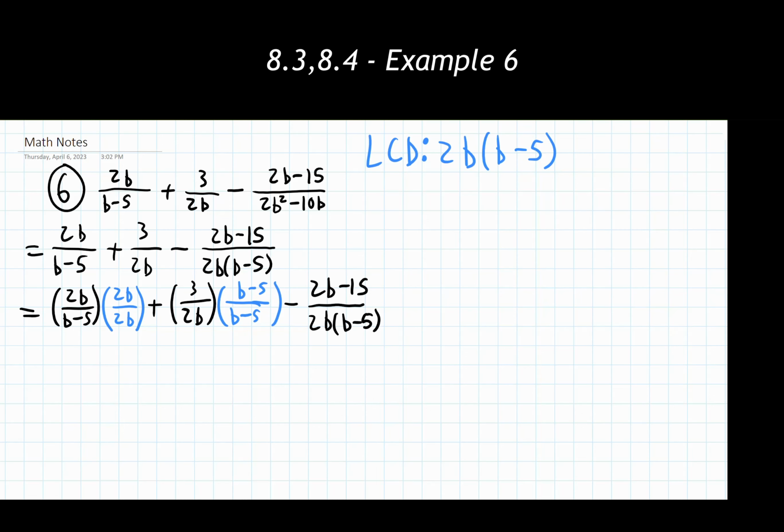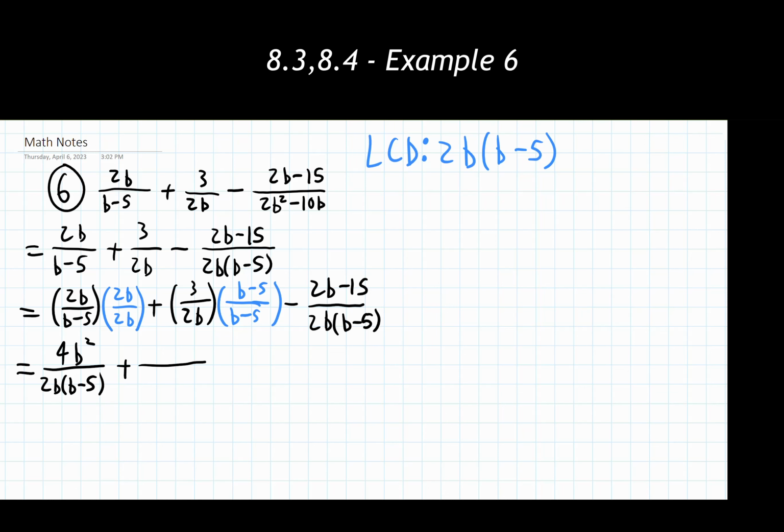So now I'm going to simplify each of these other two down, at least the numerators. So these things are rewritten, again, to have the same lowest common denominator. So 2b times 2b, that's going to give me 4b squared. And then the denominator spot, remember, you can leave the denominators fully factored. If you would like to multiply them together, you can, but you are going to have to factor them later on.